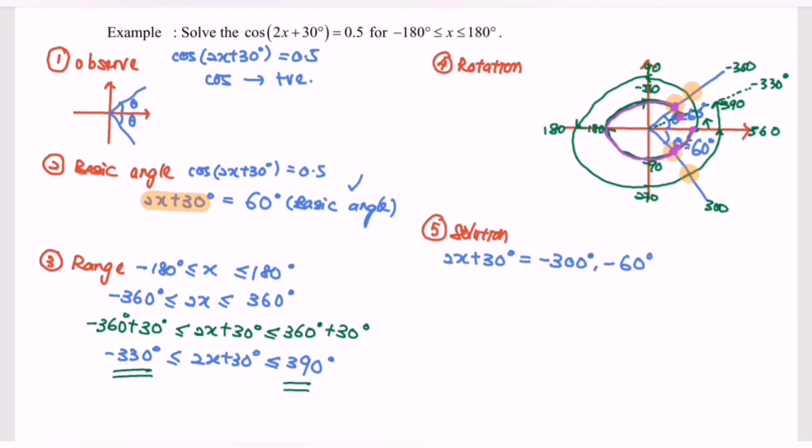Next we proceed from this part, moving until this part, where the location of 0 is. We keep on moving, and we have another intersection point over here. What is the location? As we all know, this is the basic angle, so the rotation will be 60.